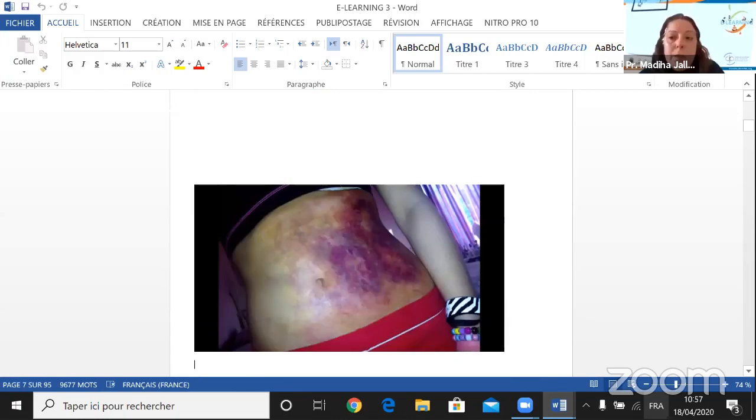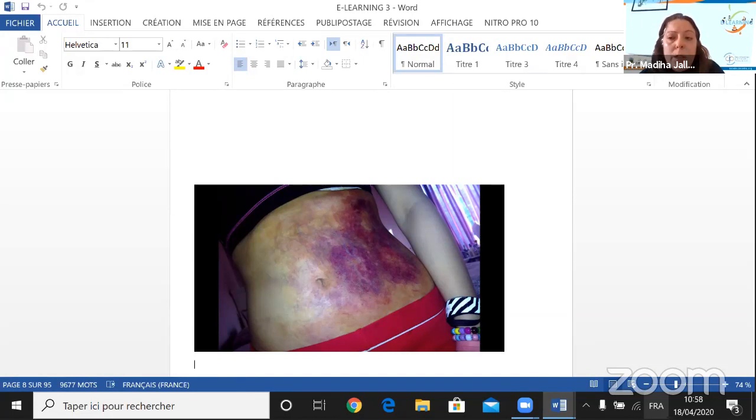Good. What do you see there? You see the lower back is discolored. It looks purple, it looks blue here.